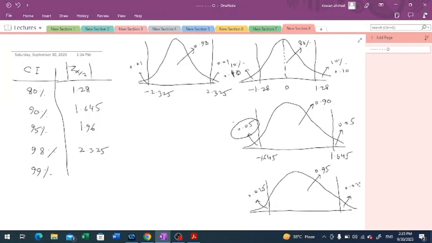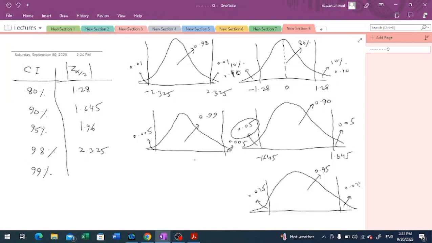Now going to the last case of 99% CI, 0.99, 0.005 here, which is half of 1%, and 0.005 here.